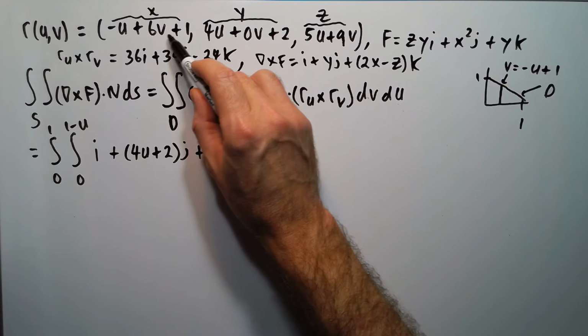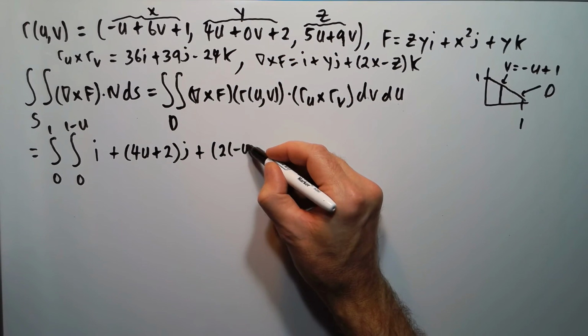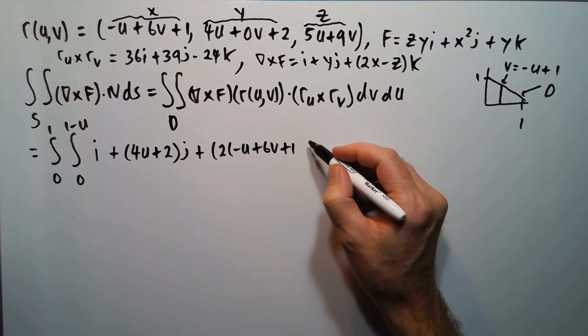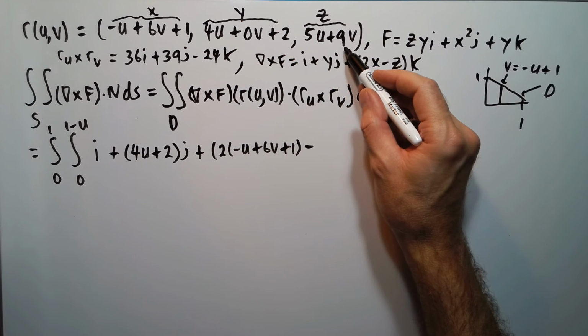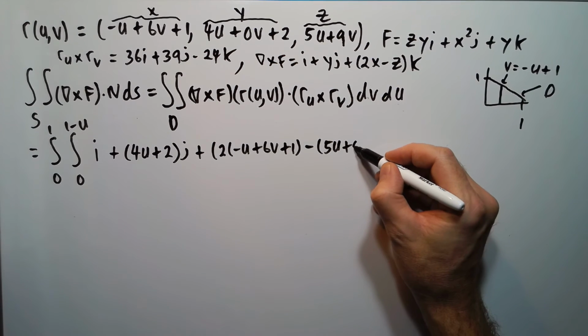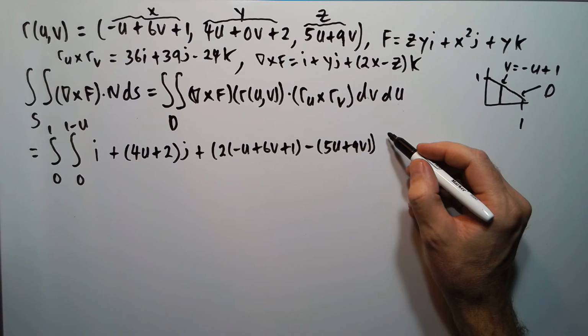Now x is this whole thing here, so it'll be 2 times negative u plus 6v plus 1, and then minus z. Z will be 5u plus 9v. And this is all in the k direction.